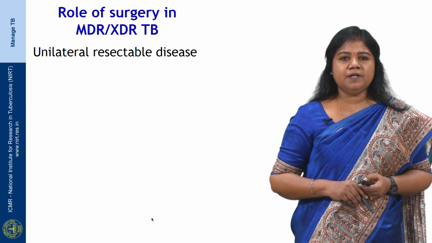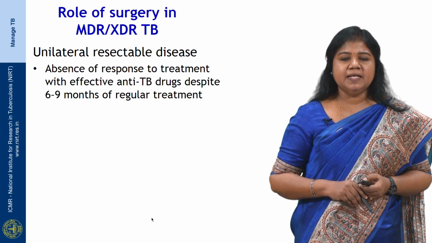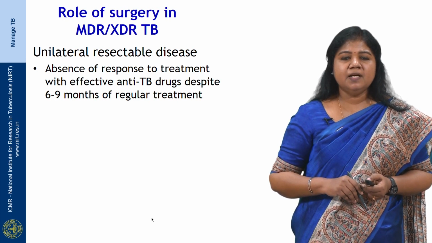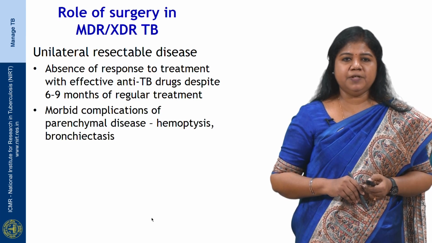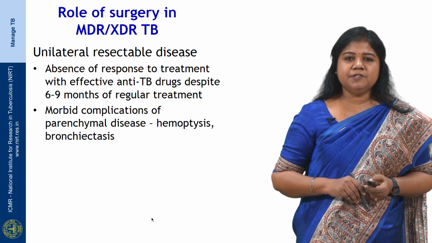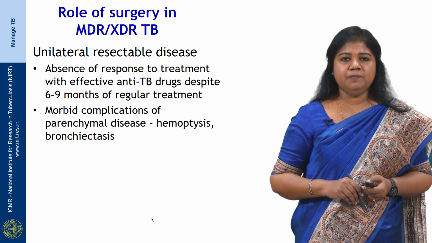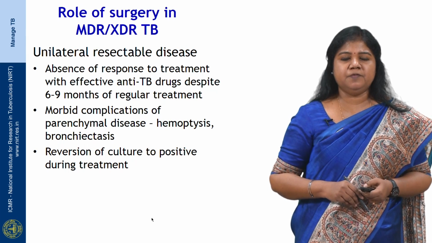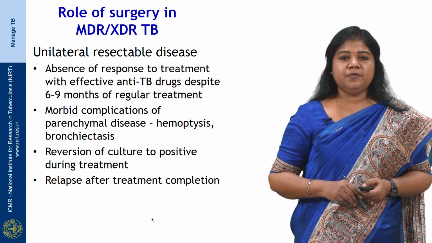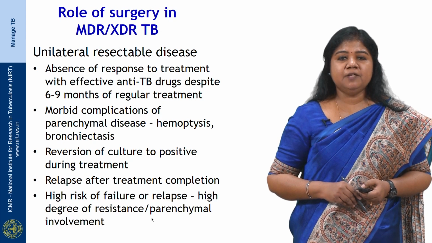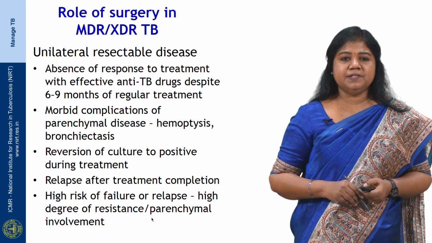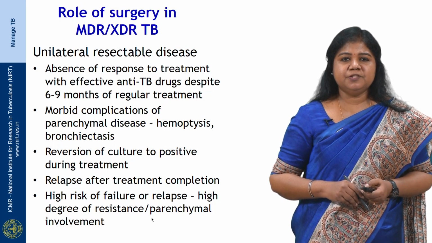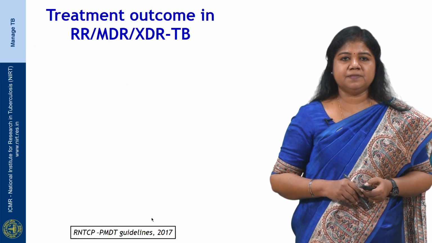If the patient has unilateral resectable disease and there is absence of response to treatment with effective anti-TB drugs despite 6 to 9 months of regular treatment, in case of morbid complications of parenchymal disease which include hemoptysis and bronchiectasis, or if there is reversion of culture to positive during treatment, relapse after treatment completion, high risk of failure or relapse in case of high degree of resistance or parenchymal involvement, surgical evaluation has to be done and surgery has to be considered for these patients.